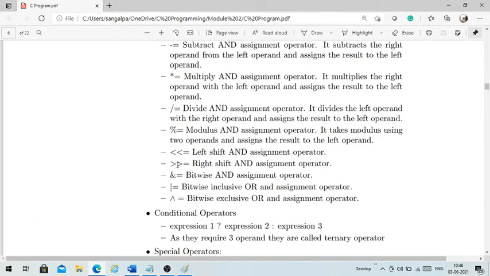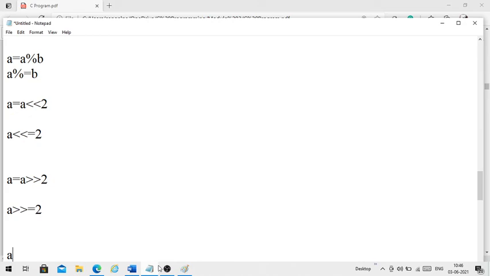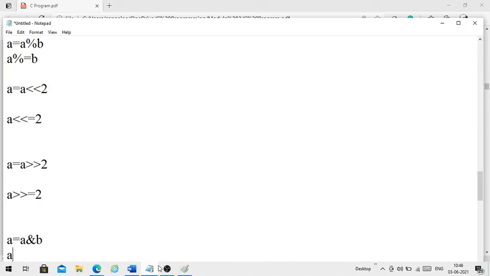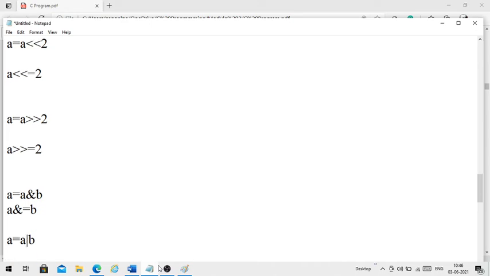So that is a right shift operator and can be used. So A equal to A and B can be rewritten as A and equal to B. Like that, A equal to A or B can be rewritten as A or equal to B. You can write like that.